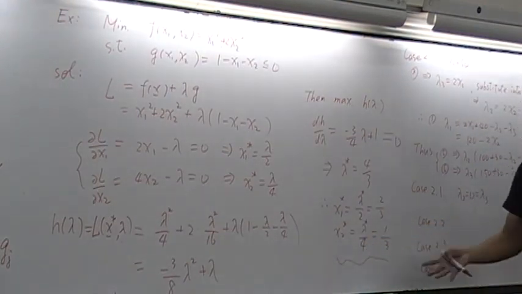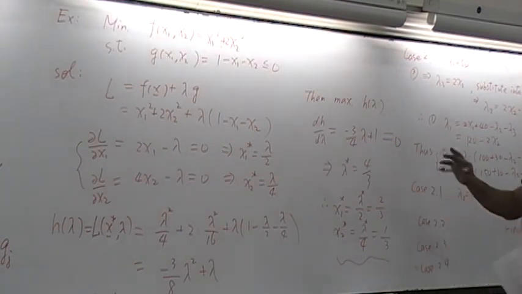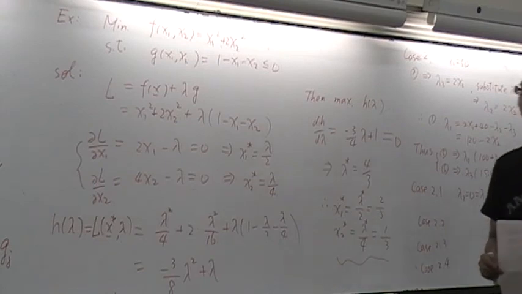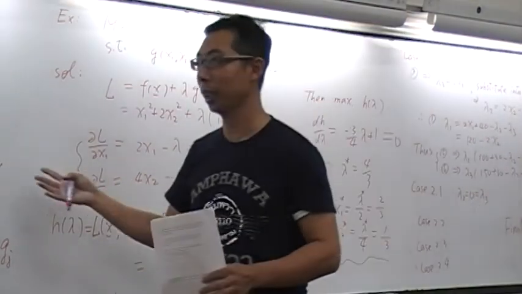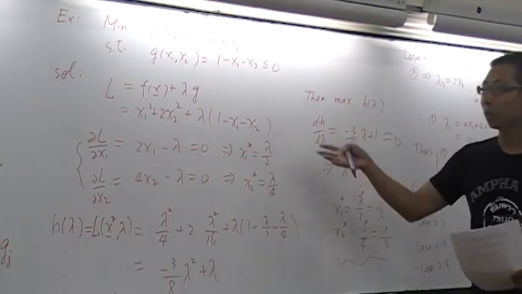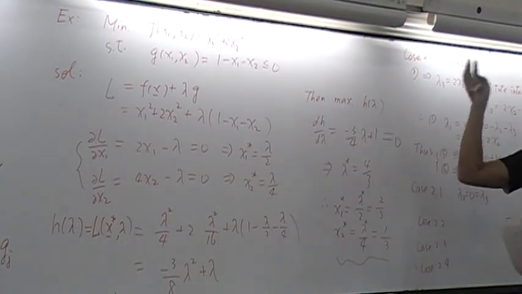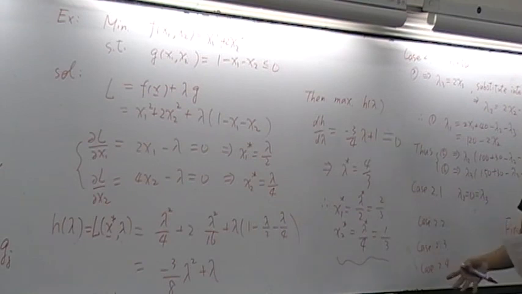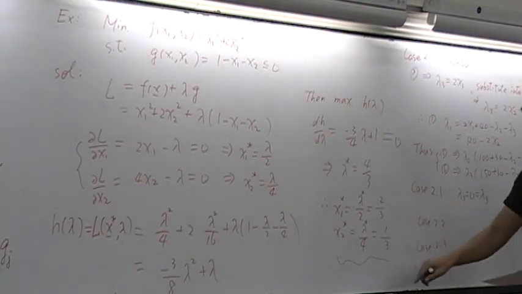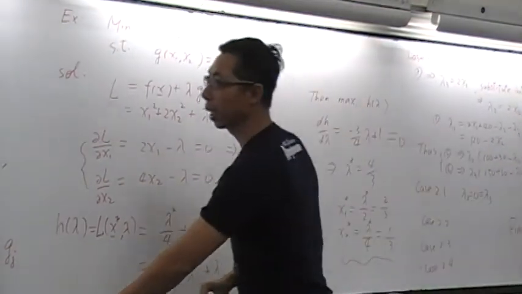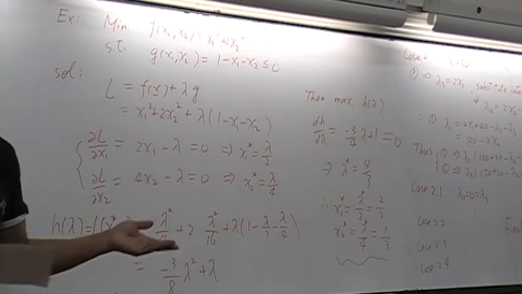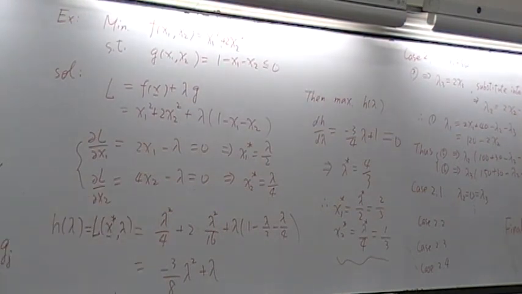As you can see, we do not need to check whether the constraints are violated or not. By using this duality theorem or saddle point theorem, we are able to transform this into a maximization problem, and then that's it. So this is the solution. Of course, if you want, you can use the KKT conditions to solve the same problem, and you will see that we get the same answer.